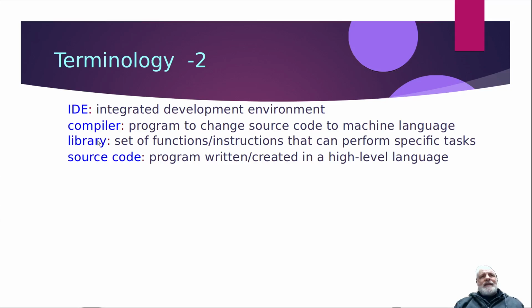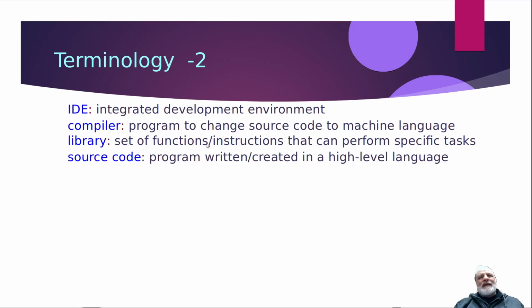The other thing the IDE will typically do for us is give us a set of common libraries. Libraries are sets of functions or instructions that we are going to perform all the time. So if you wanted to send something out to a printer, you don't want to have to rebuild the printer driver every time you wanted to print something out.